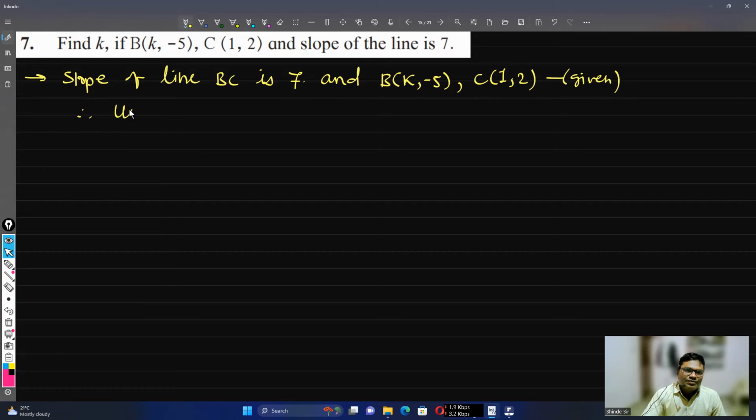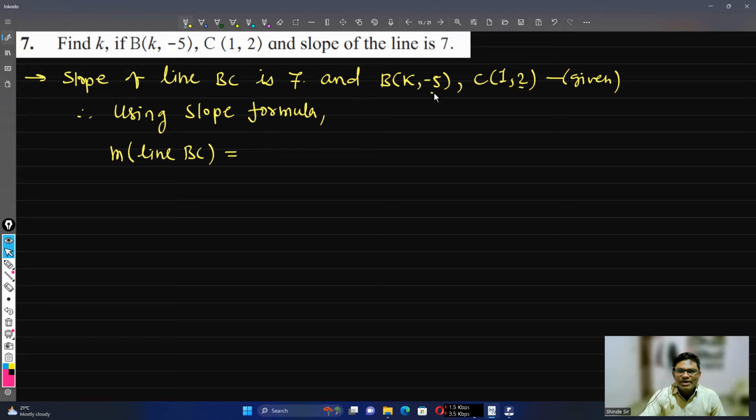Therefore, using the slope formula, slope of line BC must be equal to y2 minus y1 upon x2 minus x1, that is 2 minus minus 5 upon x2 minus x1, meaning 1 minus k.